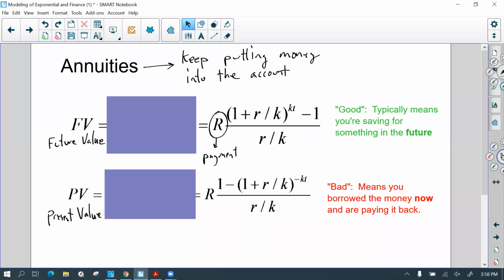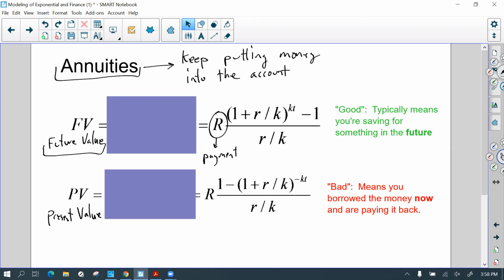So you put money either into a pension or a 401k or some sort of investment, an IRA, which is an individual retirement account, something where you keep on putting a little bit of your paycheck into this account. And by the time you retire, you have this huge amount of money that you can live off of. That huge amount of money is the future value of an annuity.